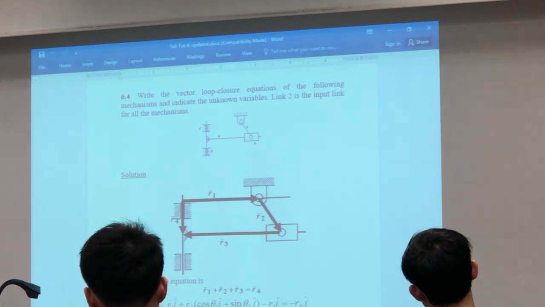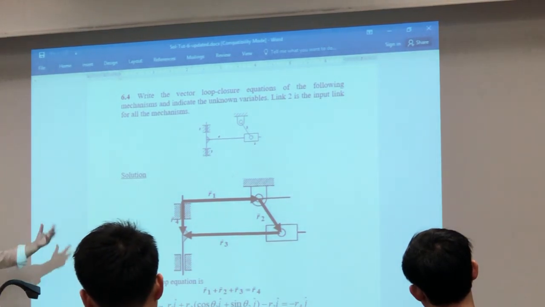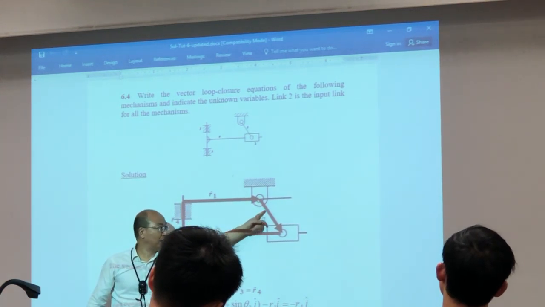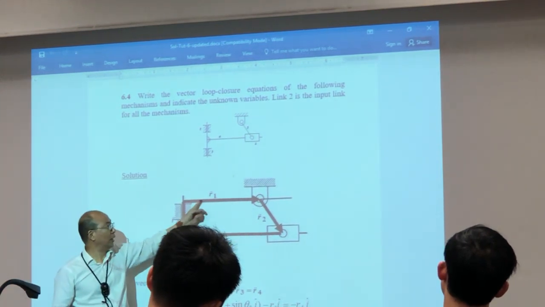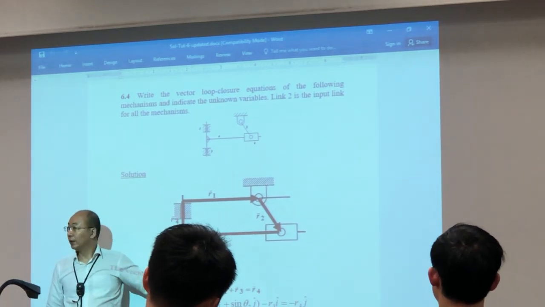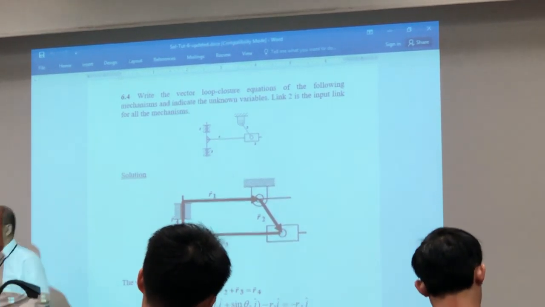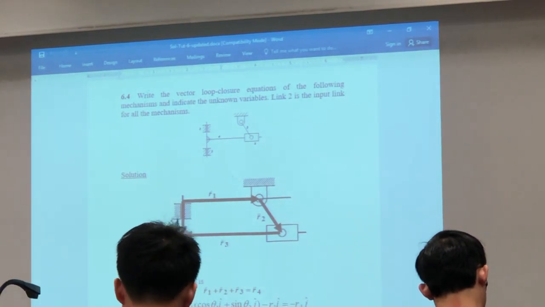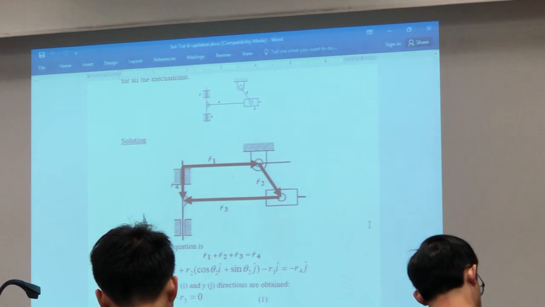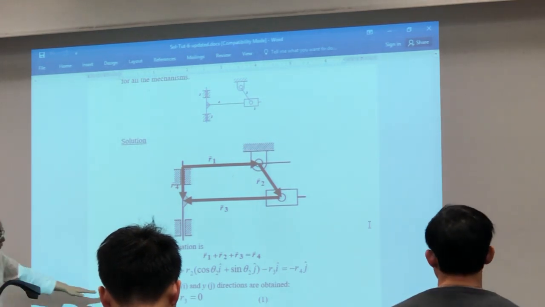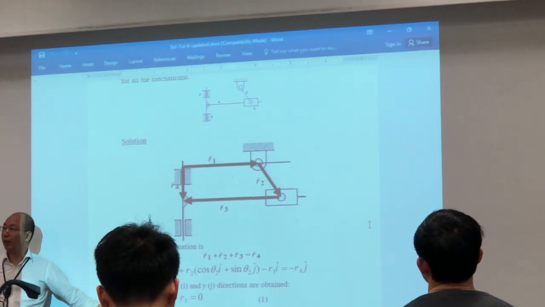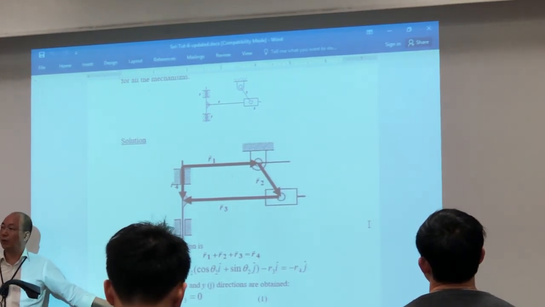So what is the vector loop equation for this? R1 follow R2 follow R3, so it's R1 plus R2 plus R3 equal to R4, right? That is the vector loop equation. From it, you can resolve into x components, which is i, and y components, which is j.